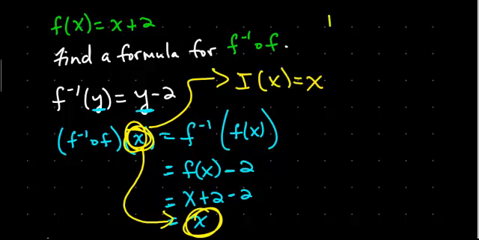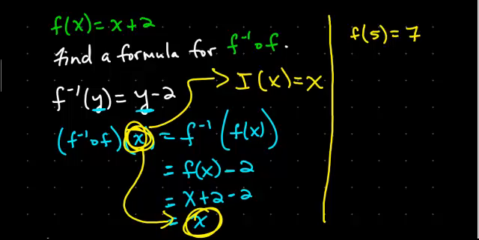And so let's look at a different example. Let's say f of 5 equals 7. Looking at here, plug in a 5, we get 7. And that clearly means f inverse of 7 equals 5. And if we look at it over here, we plug in a 7, we get 5.